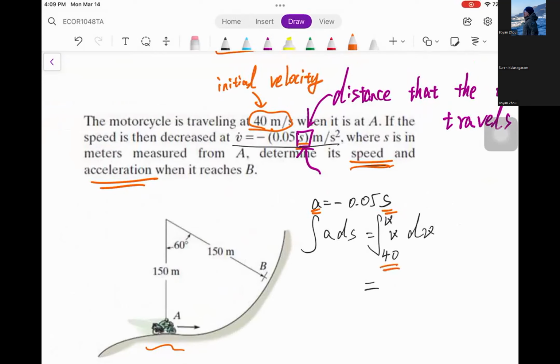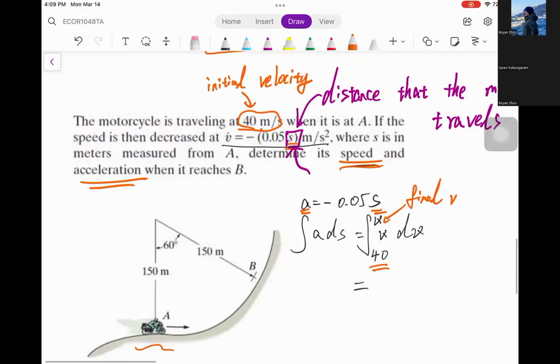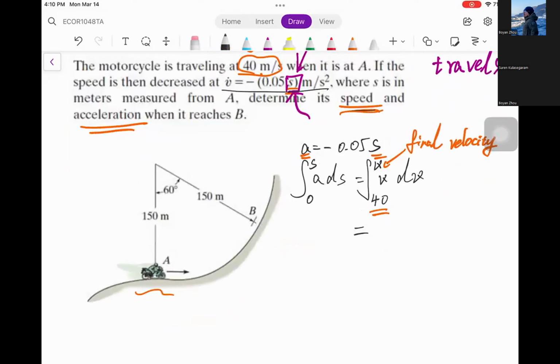So that is the lower boundary, from the initial velocity to the final velocity, which is an unknown now. And on the left-hand side, we're evaluating from 0, the distance that the motorcycle travels at the very beginning, to the distance that the motorcycle travels at the end. So from 0 to the final s.